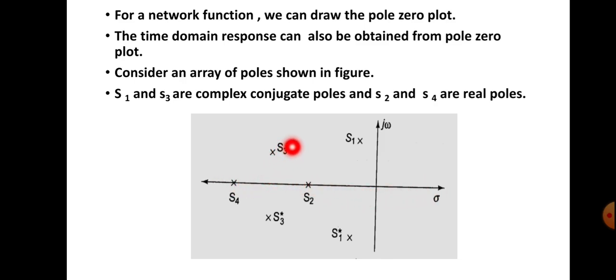Similarly, there is another set of poles, S3 and its conjugate. If S3 is in the form a plus ib, then S3 conjugate will be in the form a minus ib. So in this graph S1 and S3 are complex conjugate poles, and S2 and S4 are real poles.